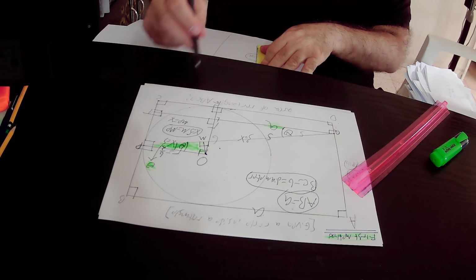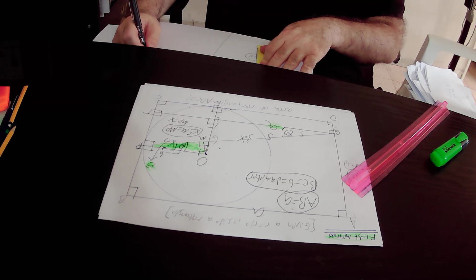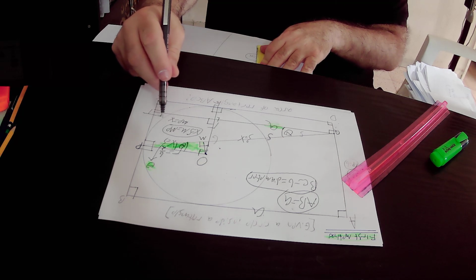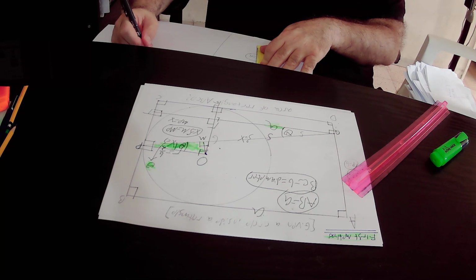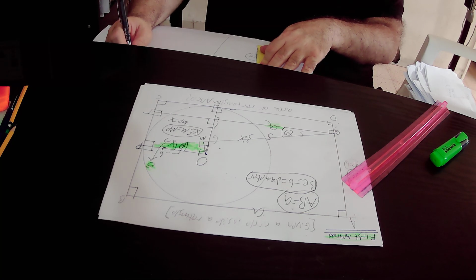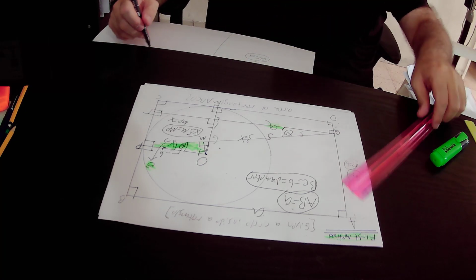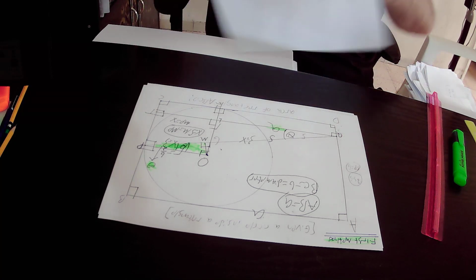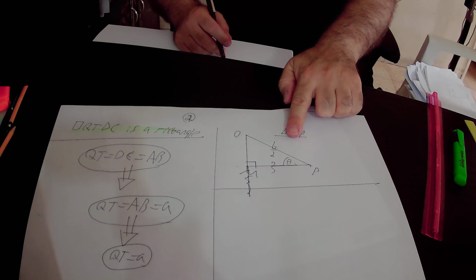Side MP equals 3 units, and the hypotenuse OP equals B over 2. Angle OPM equals theta. So this is the right triangle OMP that I copied from the original drawing.